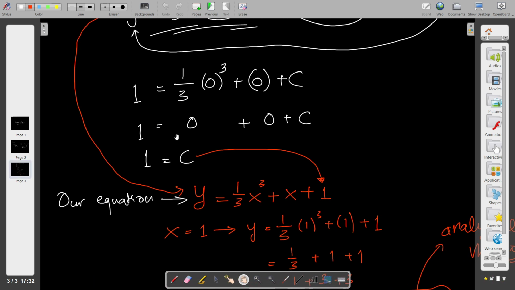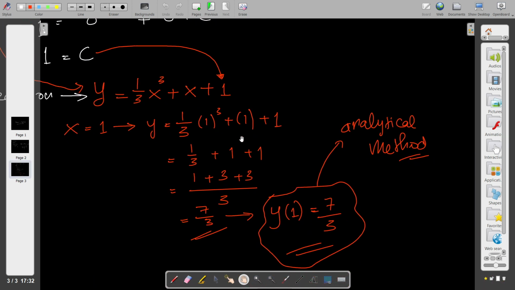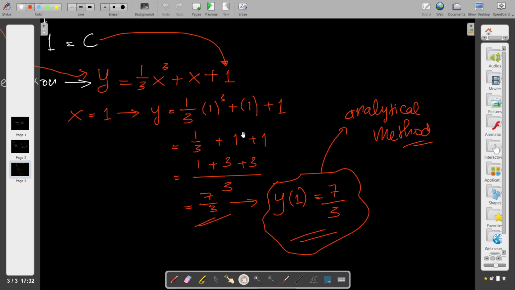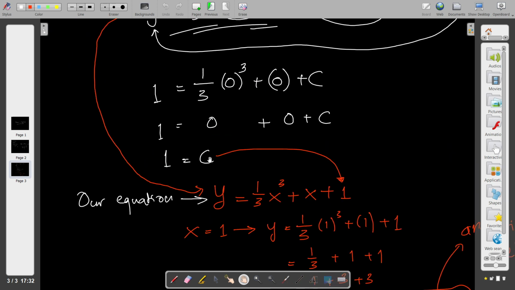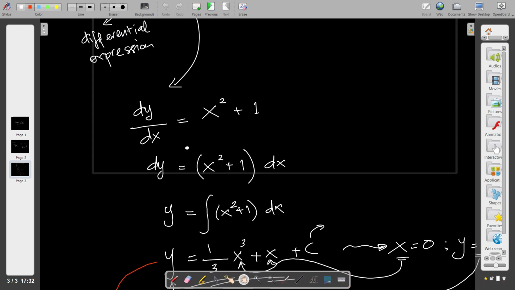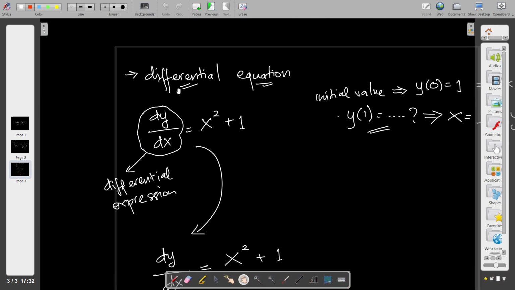Why do we have to use a numerical method? Because sometimes our equation is not as simple as this.